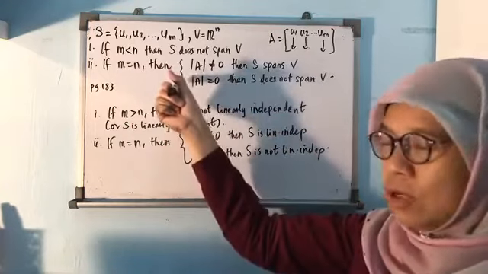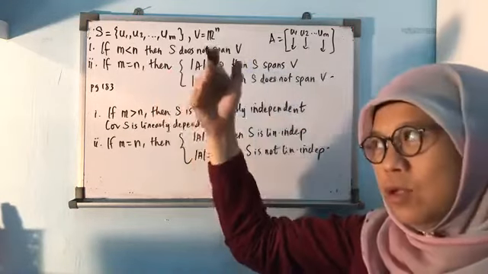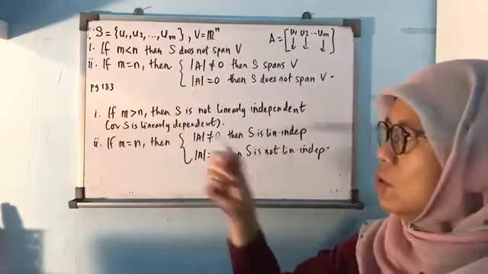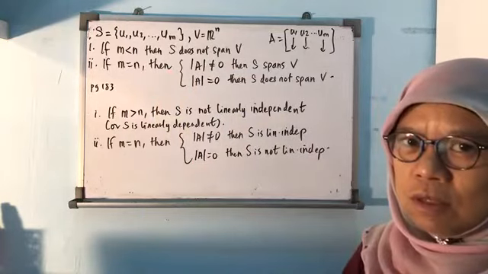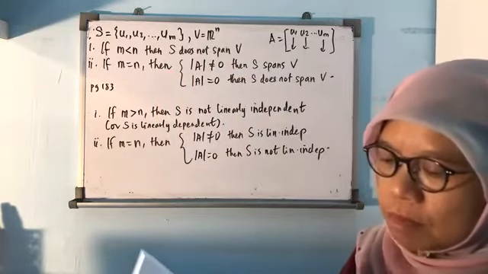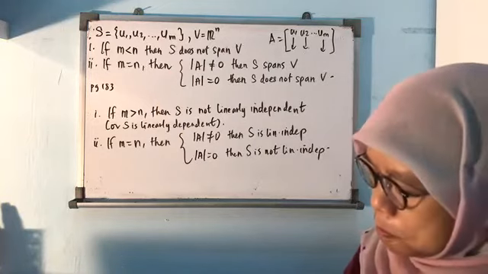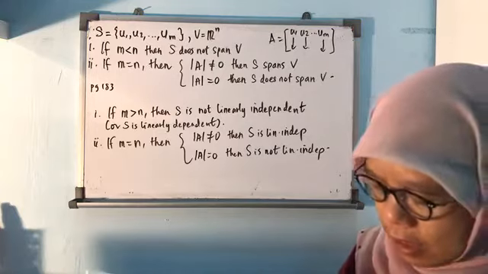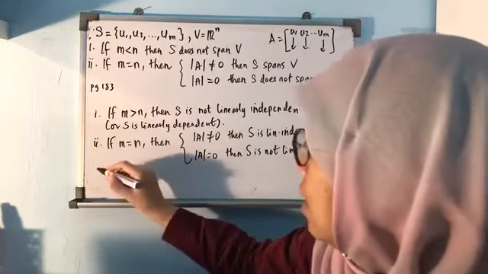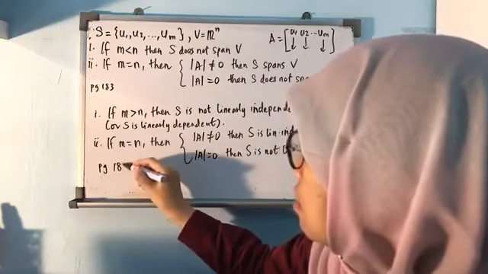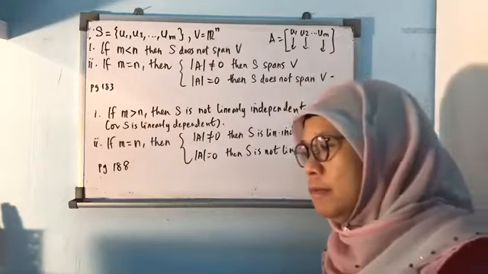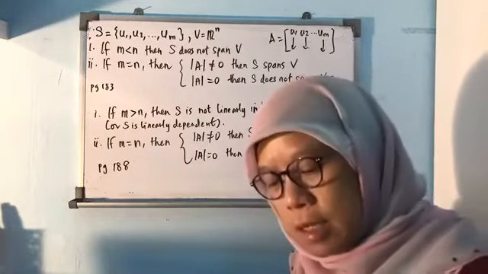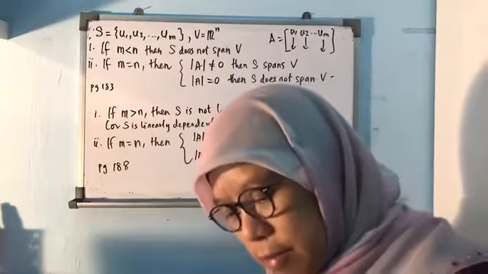Because by the calculation of this, you just equate all to 0, you will get the answer for the second one. Okay, alright, so this is the theorem. And now go to page 188. Okay, page 188.